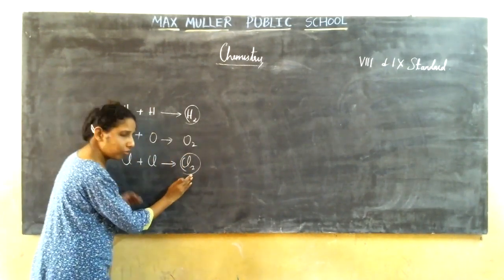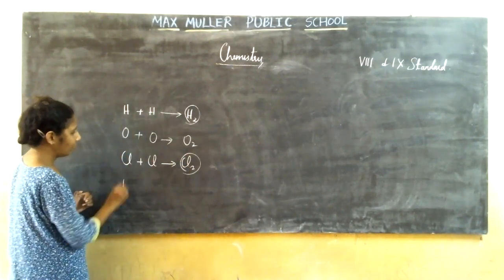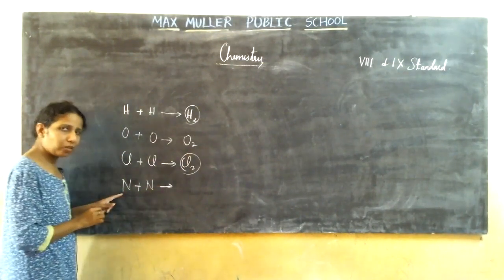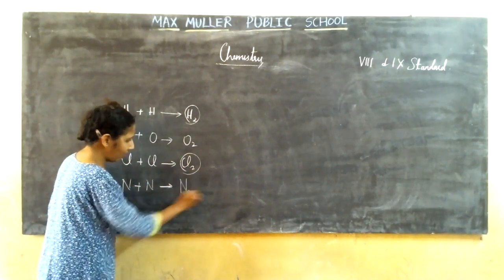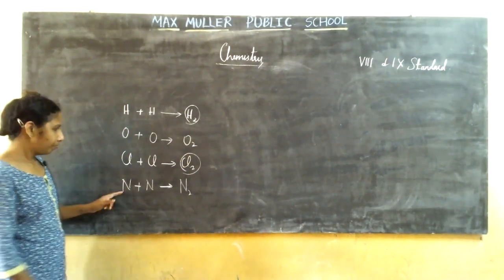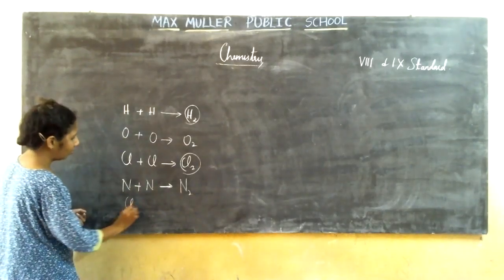This molecule of chlorine exists independently. Nitrogen atom does not exist independently, so it combines with another nitrogen atom to form a molecule of nitrogen. This molecule of nitrogen exists independently.